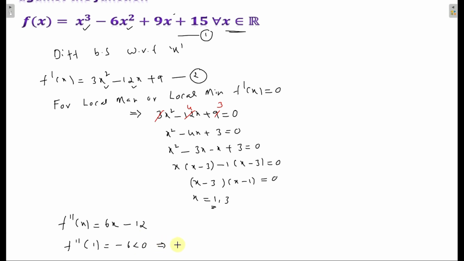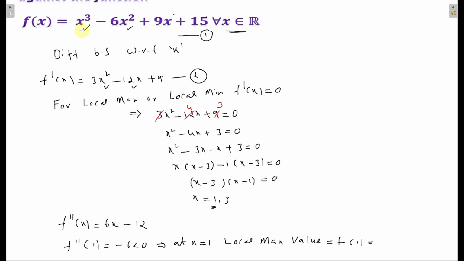That implies at x is equal to 1 we get a local maximum value, and it is given by f of 1.